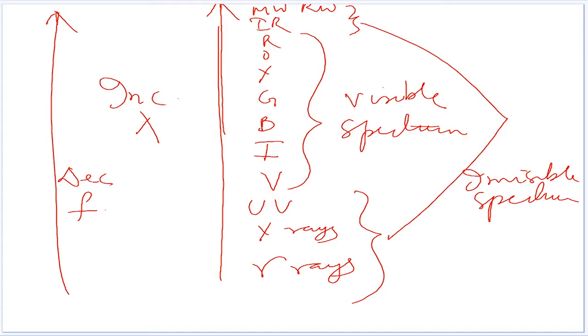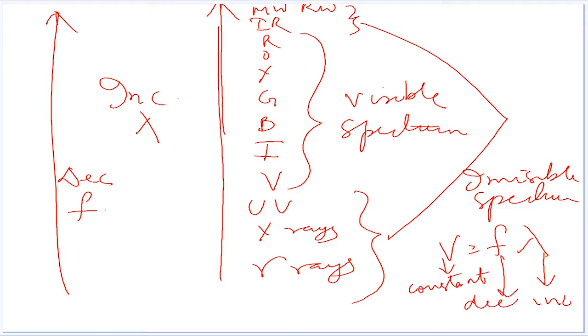Remember, when wavelength is increasing, there is a decrease in the frequency, because we know that velocity of light is the product of frequency and wavelength. Now, because velocity is constant, all the light waves are moving with the same speed, that is 3 into 10 to the power 8 meter per second. So if lambda is increasing, frequency has to decrease in order to keep the speed of light constant.